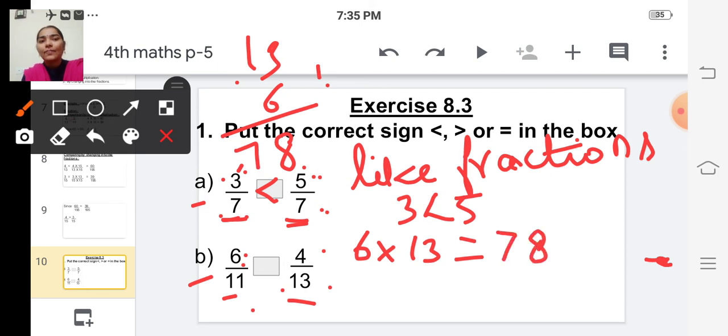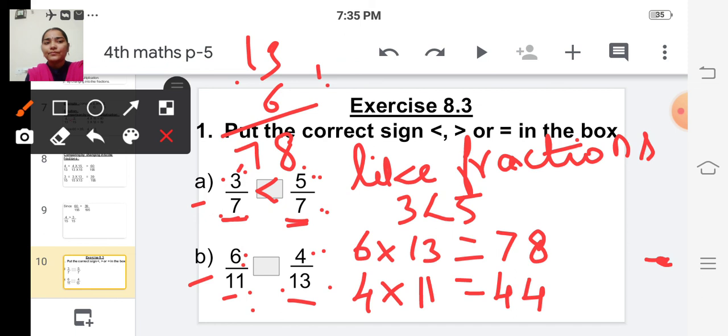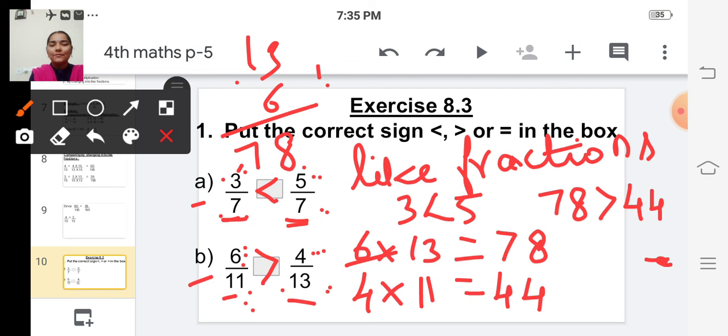And next one is 4 into 11. 4 11s are 44. So here 78 is greater than 44. Isn't it? So 6 by 11 is greater than 4 by 13.